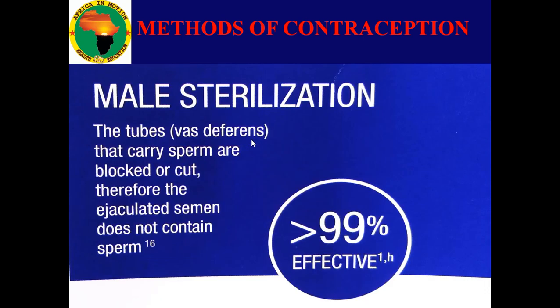So male sterilization, if you start on the male side, is what we call cutting the vas deferens, the tube that transports semen. This method is effective at 99%.